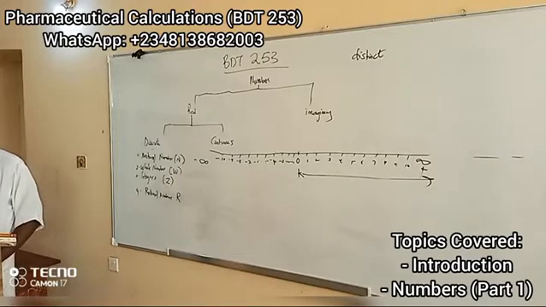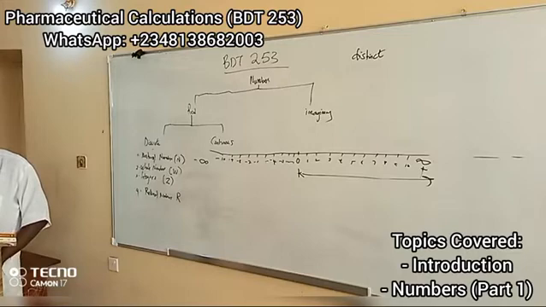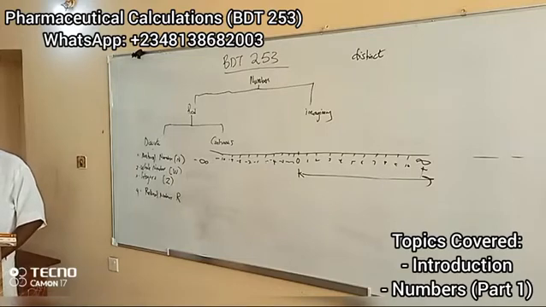Let's talk about whole numbers. Whole numbers are simply positive integers.